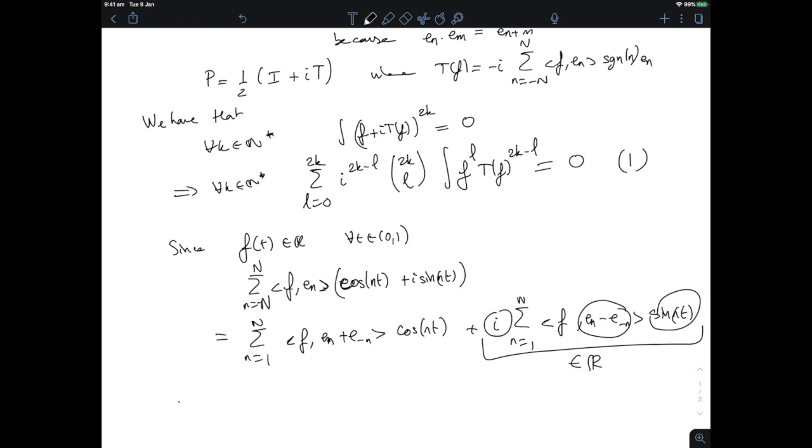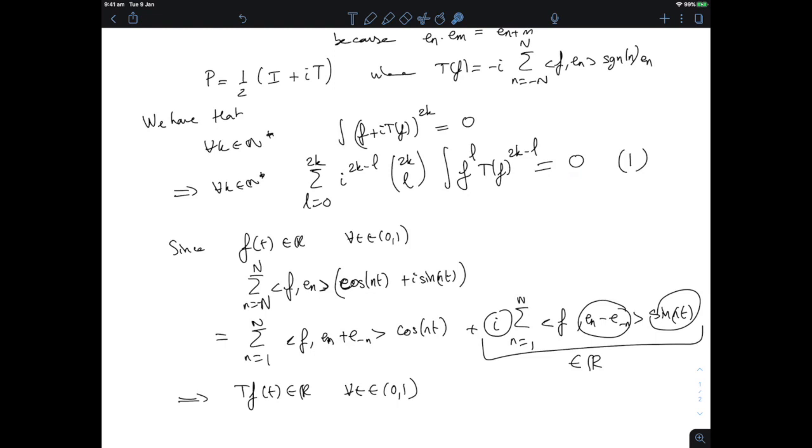So what we get is that Tf of t has to be real for all t in 0, 1. So that's the point. That's one of the points of introducing that Hilbert transform. The Hilbert transform of a real valued function will still be a real valued function. So in this expansion that we have here, both f and Tf are real, and this is to be equal to 0.